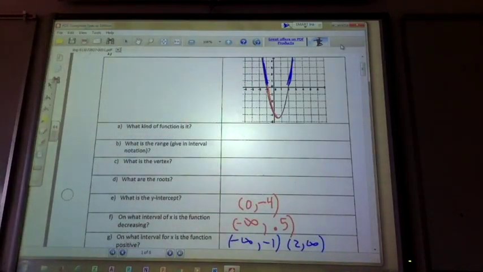Okay? So on what interval for x, so we're talking about the x component, is it above the x-axis? From -infinity to -1, it's all above the x-axis. And from 2 to infinity, it's also above the x-axis. We okay? That one just goes to letter G.